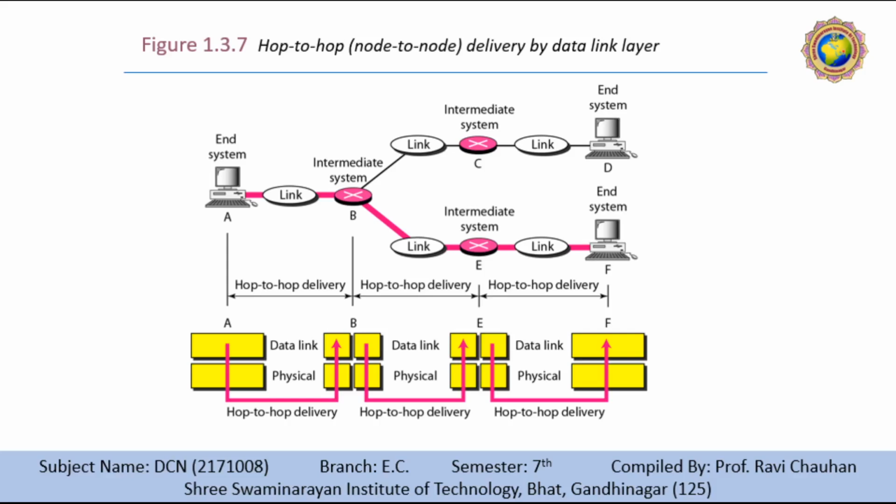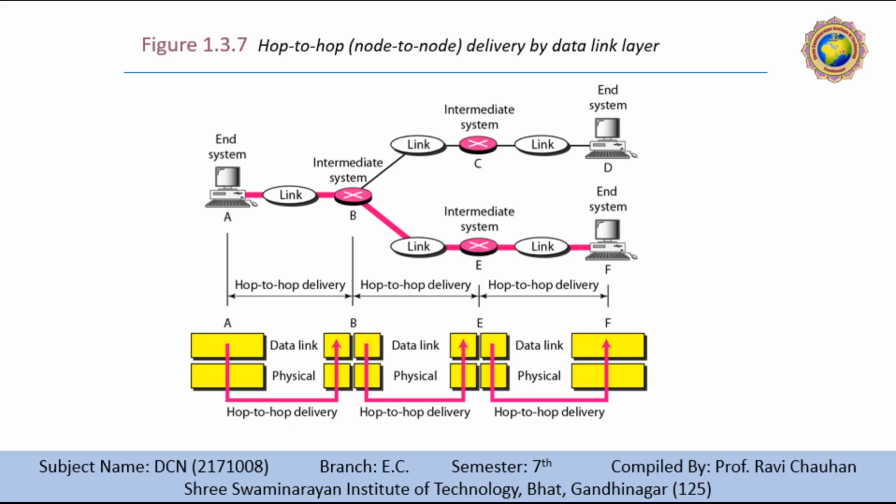First, the data link layer at A sends the frame to the data link layer at B via a router. Second, the data link layer at B sends a new frame to the data link layer at E. Finally, the data link layer at E sends a new frame to the data link layer of F. Note that the frames exchanged between the three nodes have different values of headers.